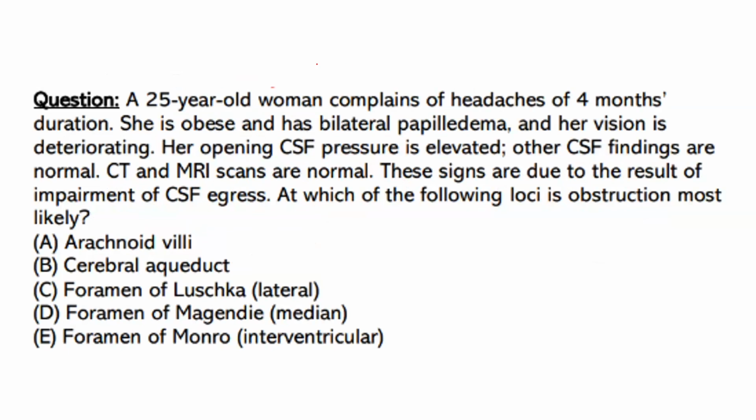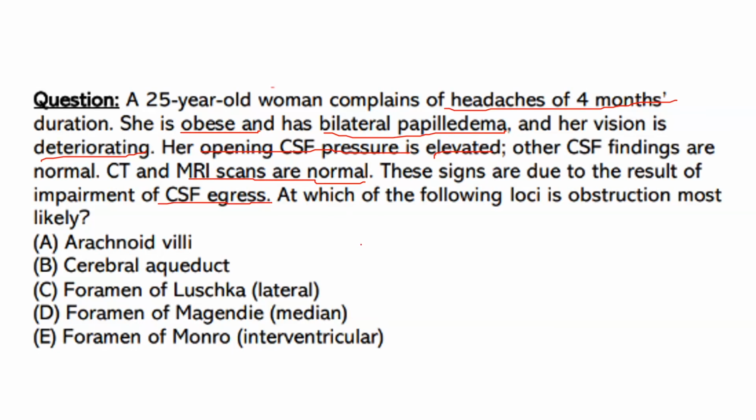We have a 25-year-old obese woman who complains of headaches for 4 months. She has bilateral papilledema, and her vision is deteriorating. Her opening CSF pressure is elevated, and other CSF findings are normal. CT and MRI scans are normal. These signs are due to impairment of CSF egress, which is CSF absorption.